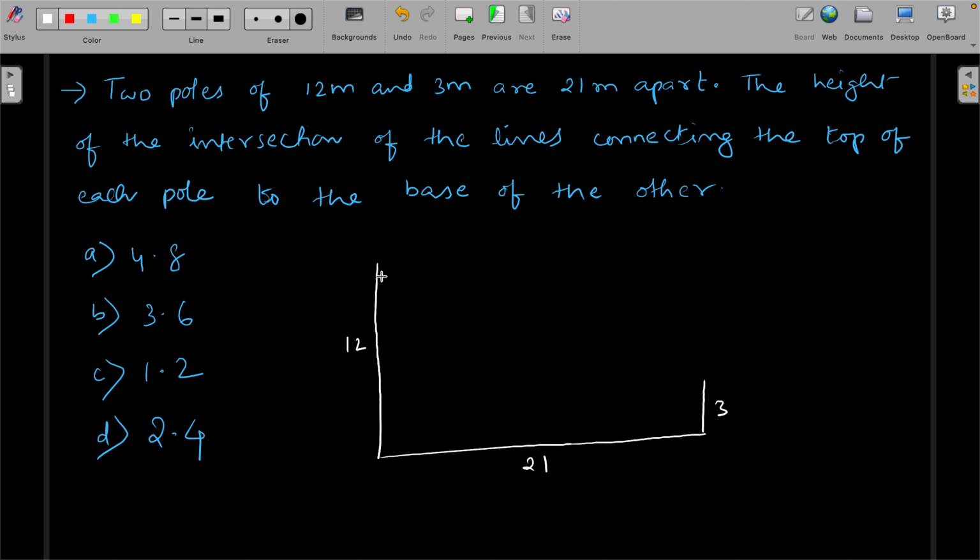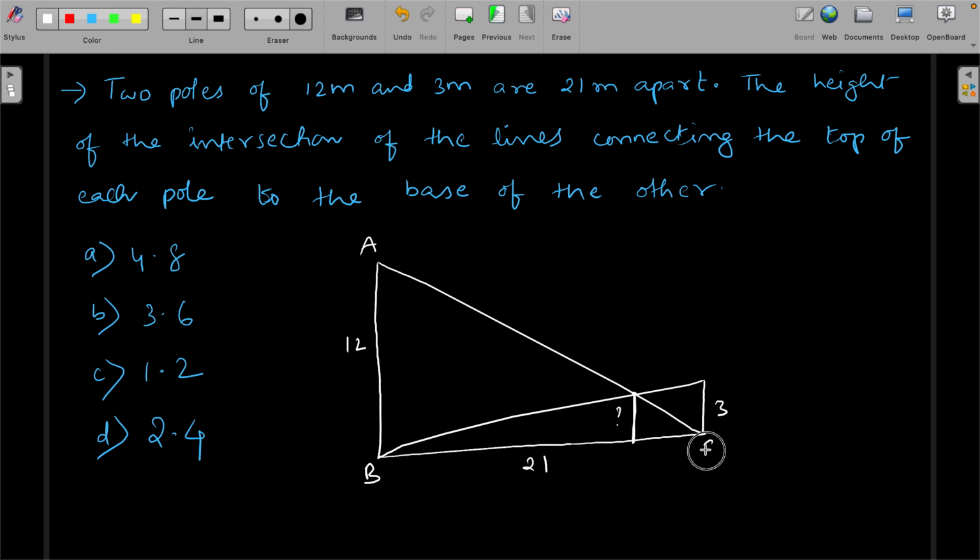When we connect the top of each pole to the base of the other, there will be an intersection point. We need to find out the height of this intersection point. Let us give it labels A, B, C, D, E, F.